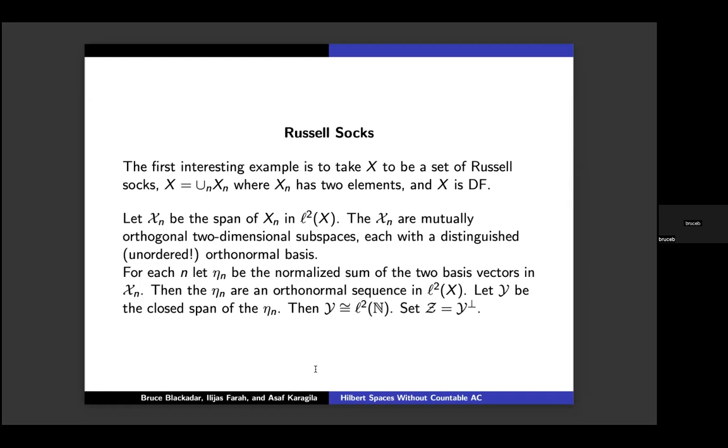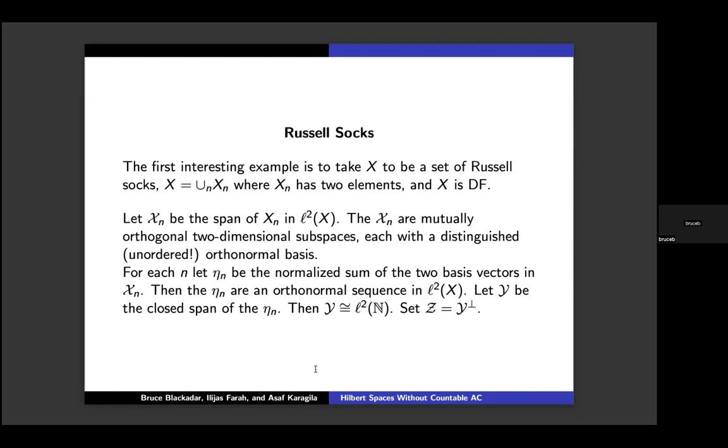And each one has a distinguished orthonormal basis. But the orthonormal basis is unordered. You can't say which is the first and which is the second basis vector in each of these 2-dimensional subspaces. But you can still take the sum of the 2 basis vectors. You don't have to know which one is first to do that.